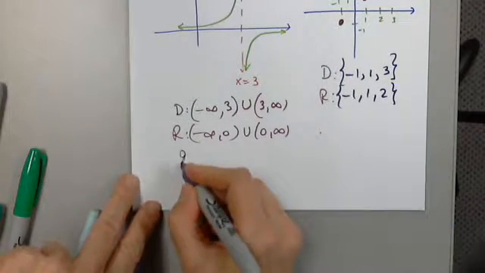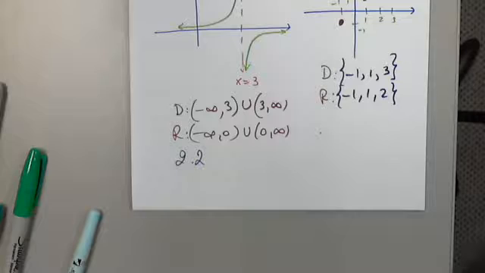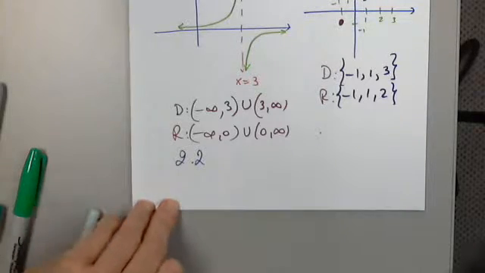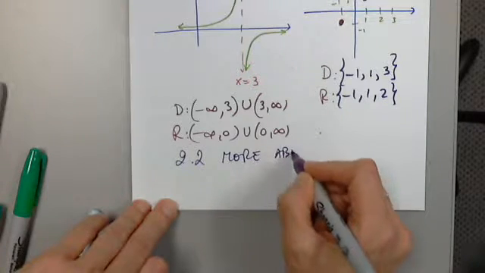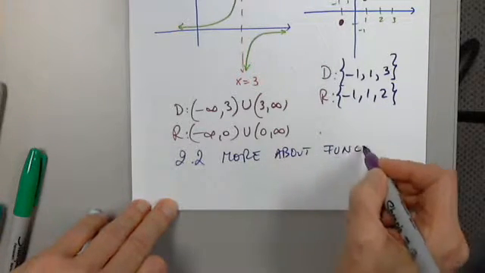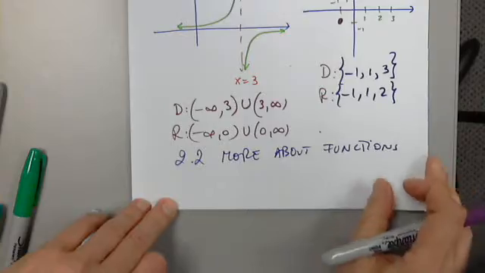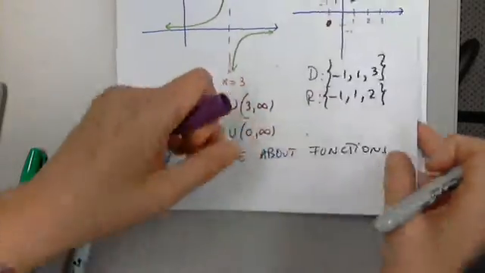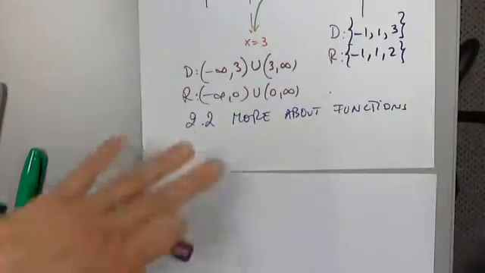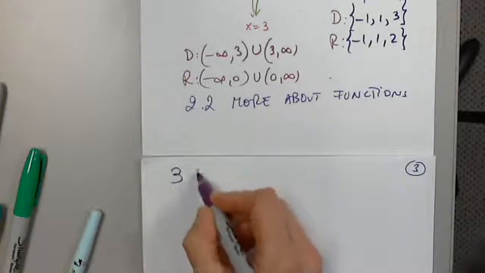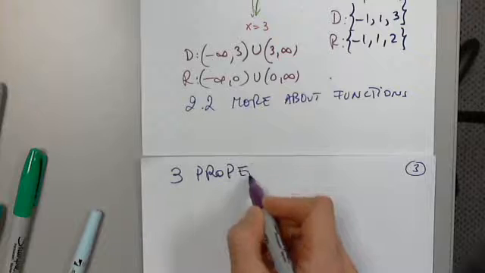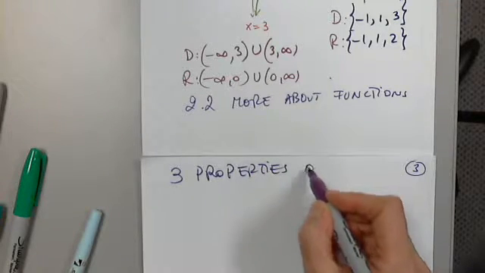Okay, in section 2.2, it's more of the same thing, and it's really entitled More About Functions and Graphs. More about functions. So there are a few elements here that we discuss that we have to emphasize. And there are three properties of functions.